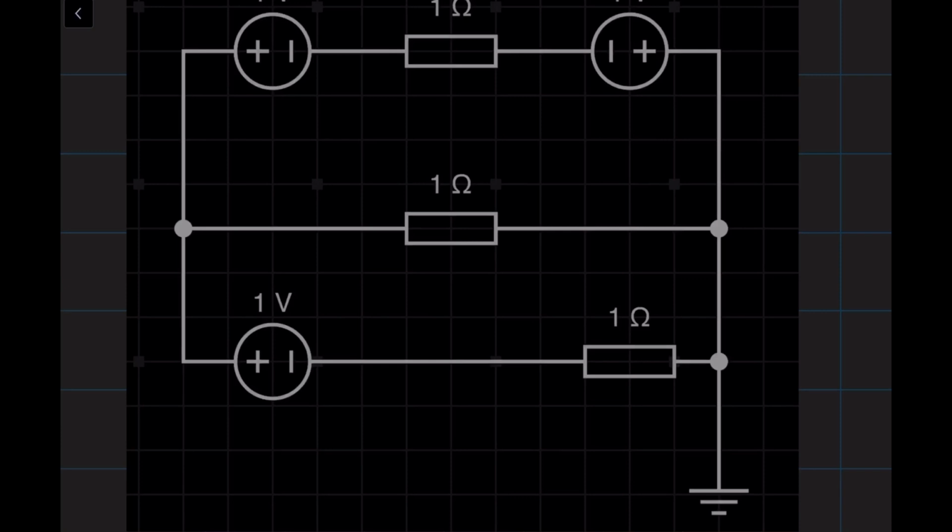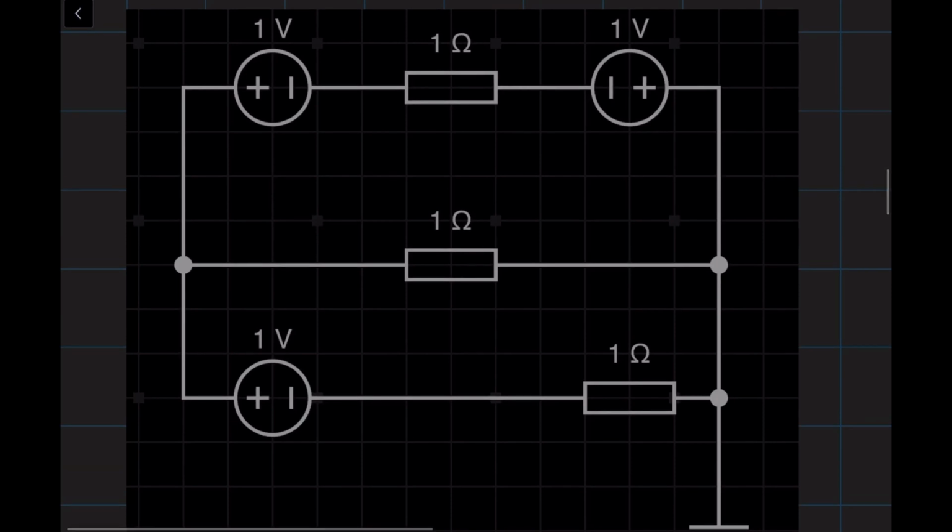Fine. In this question, how will you write the Kirchhoff's equation? Okay, for that purpose, in order to make it once again easy, I am writing the names V1, R1, V2 over here, R2 over here, V3 and R3.